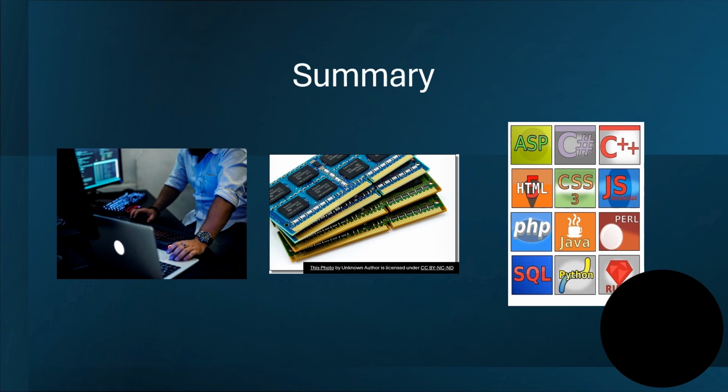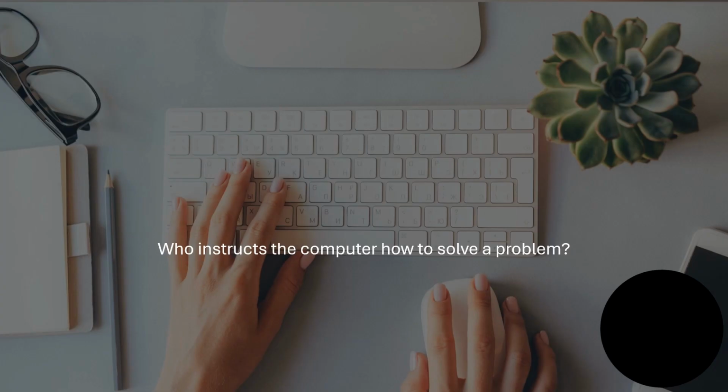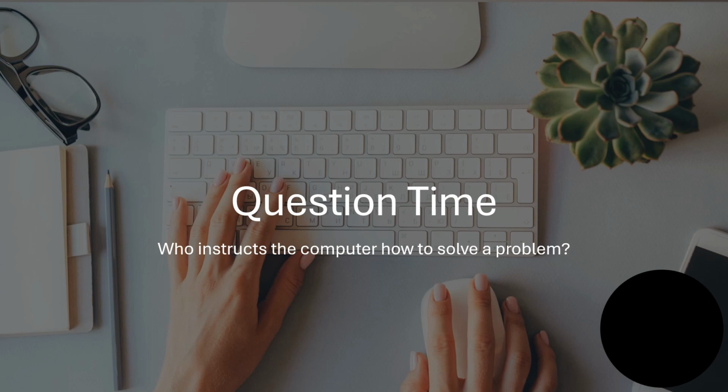But my question for you that I would want you to answer, I have two questions for you. And the two questions are, what is the name given to the person who instructs or tells the computer how to solve the problem? That's question number one.